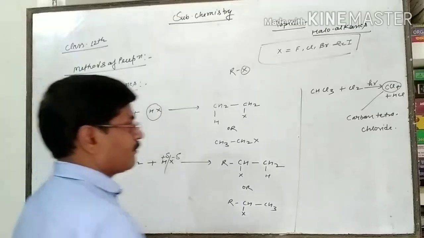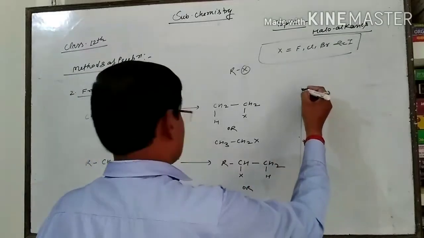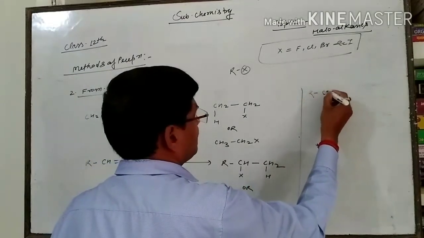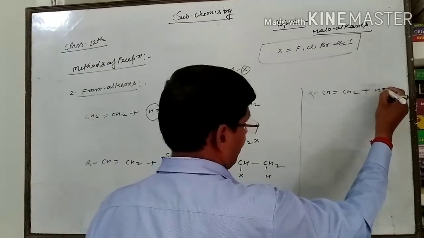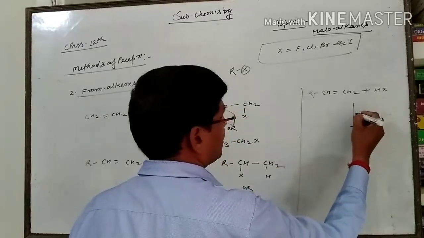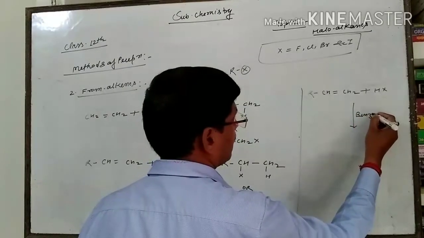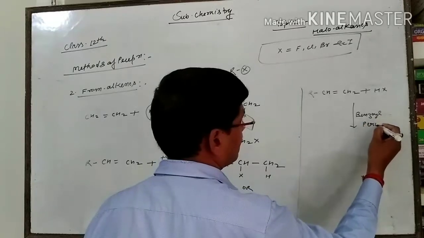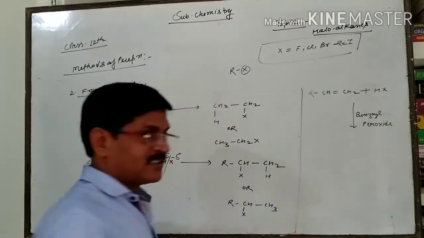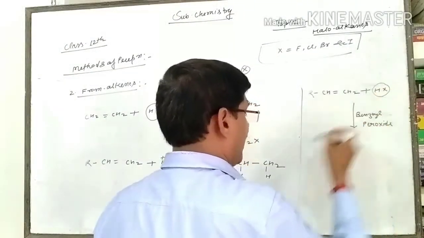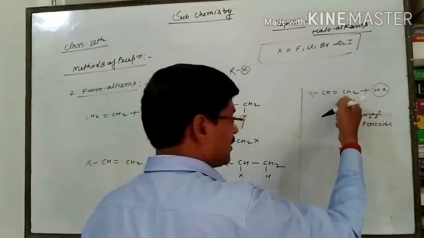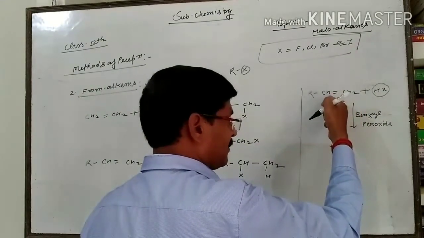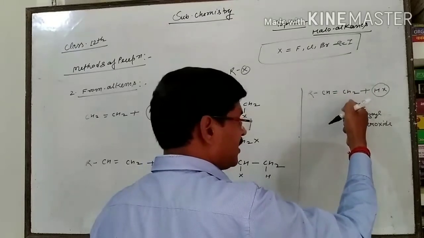But all of you know, suppose I take this example once again, RCH=CH2, and I pass HX, but here in the presence of benzoyl peroxide. The addition of the hydrogen halide, as you are seeing here, is reversed. The negative part adds over the carbon having more hydrogens.